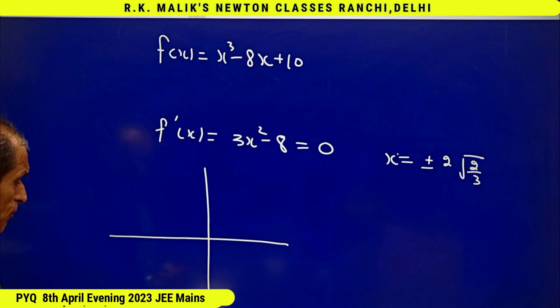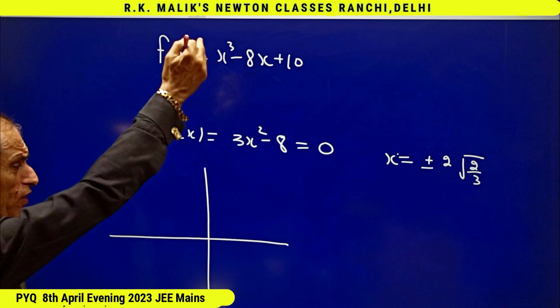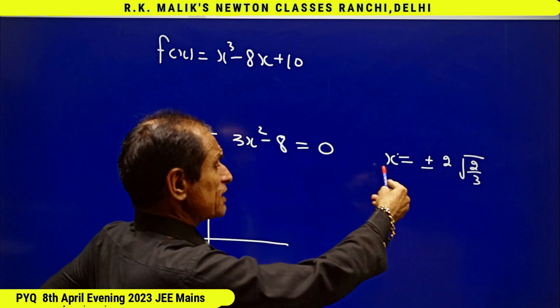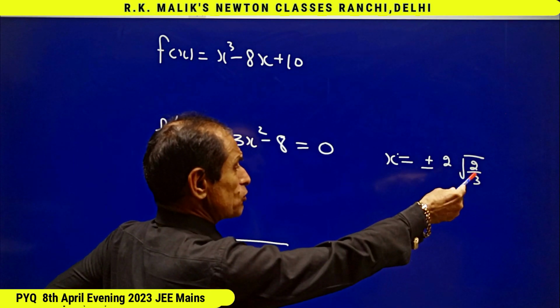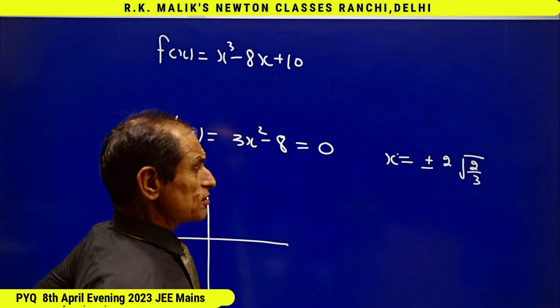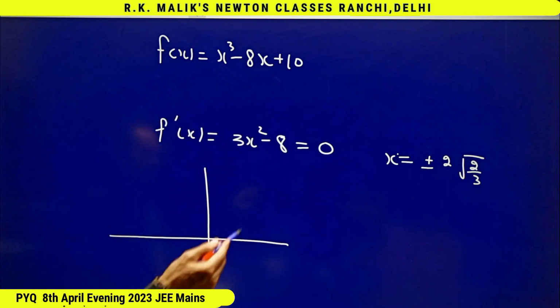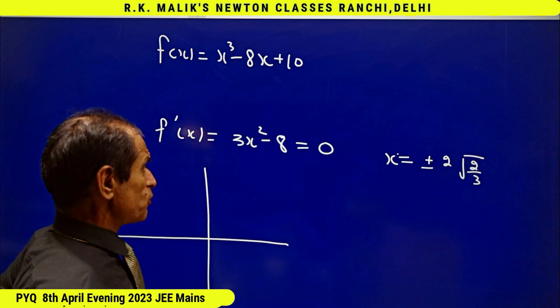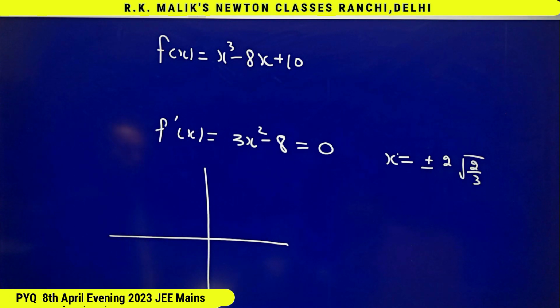You must know that any cubic equation with coefficient of x cube positive, the graph always comes from below and finally goes up, and at the two values I get by putting derivative equal to 0, at these two points the graph turns. It is clear that one value of x is negative, other value of x is positive. It means graph will turn 2 times, once on this side, second time on this side.